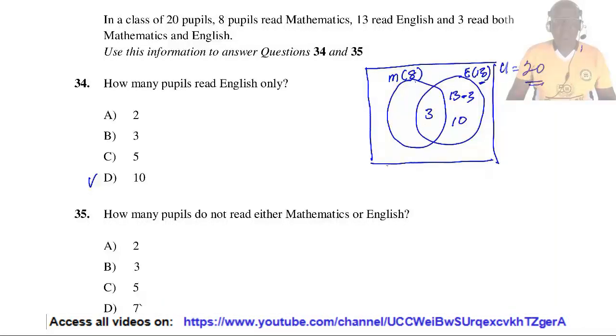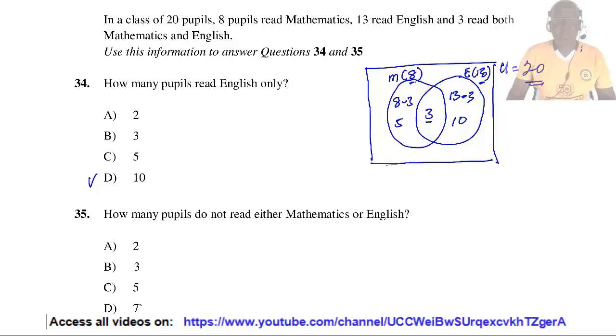Question 35. How many people do not read either mathematics or English? We shall first calculate the number of people who study mathematics only. It is going to be equal to 8 minus 3, which equals 5.